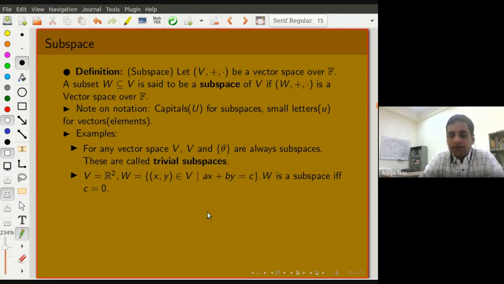For example, if A and B are both 0, then what would W be? It will be the whole R square plane. Exactly, the entire plane. But as long as C is 0, W will always be a subspace.